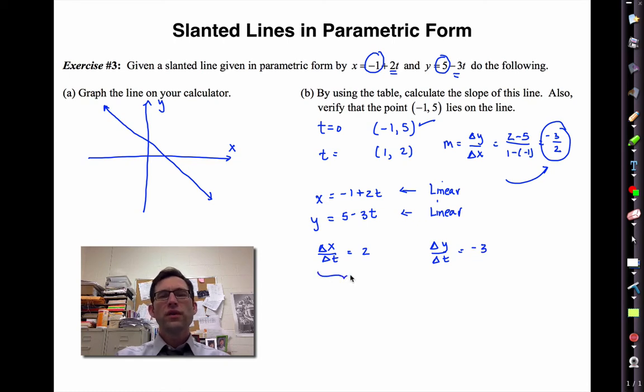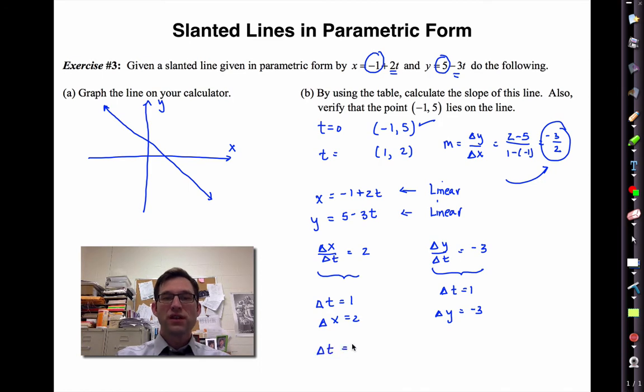Now, what do these two things mean, right? Well, what they mean is that when there's a change in t of 1, the change in x is 2. And when there's a change in t of 1 here, the change in y is -3. So what's cool is that a change of t of 1 results in a delta y to delta x of -3/2, and then that's our slope.